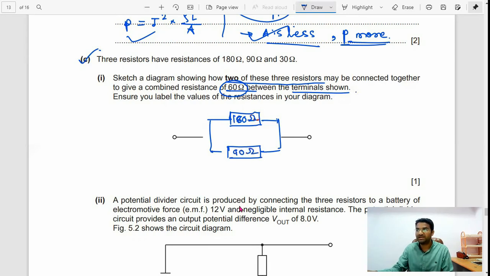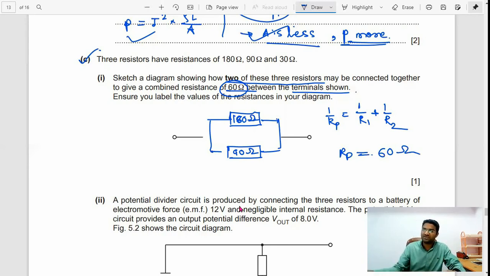If you calculate the resultant resistance through this formula, 1 over Rp is equal to 1 over R1 plus 1 over R2, you get the resultant resistance Rp across this circuit equal to 60. You can calculate it, because it's just the LCM of the two resistances, isn't it? Basic math.